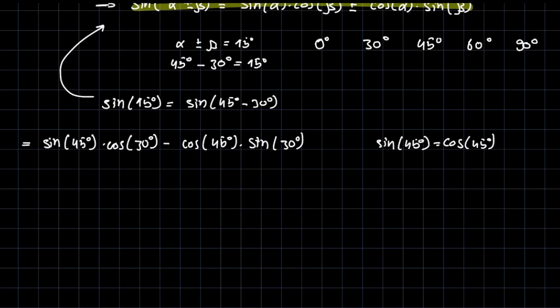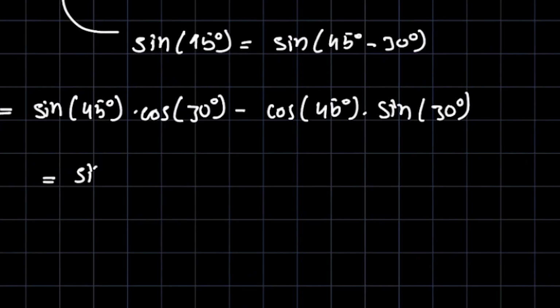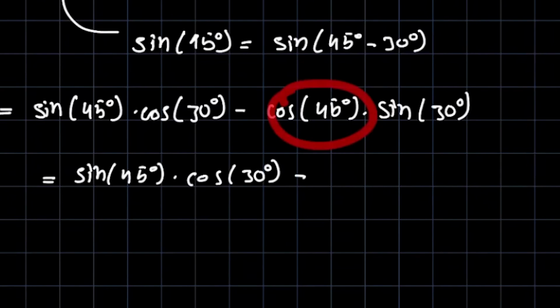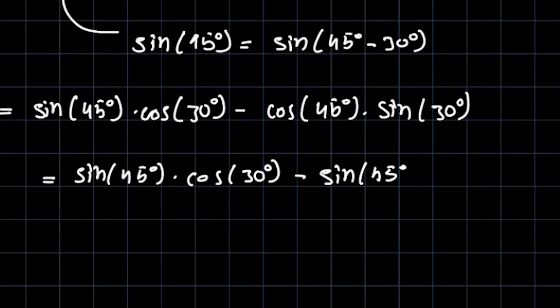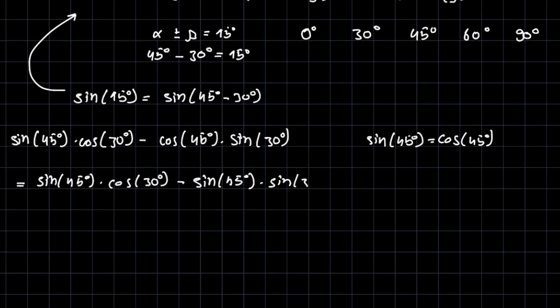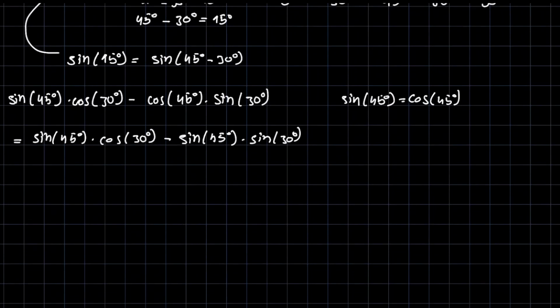Then I would have sinus of 45 degrees times cosinus of 30 degrees minus, replacing cosinus of 45 with sinus of 45, sinus of 45 degrees times sinus of 30 degrees. And then I'm going to factorize sinus of 45 degrees, so I have sinus of 45 degrees times cosine of 30 degrees minus sinus of 30 degrees.